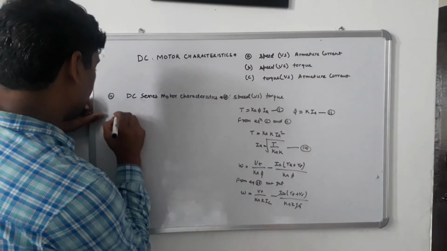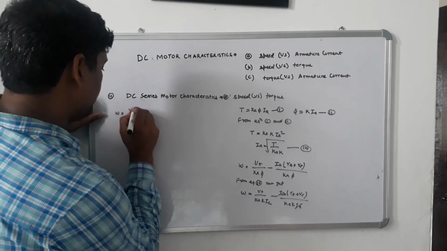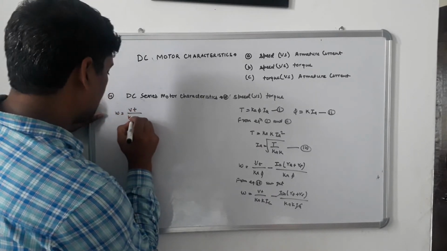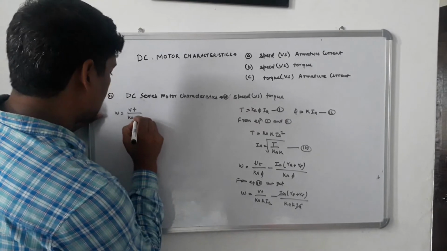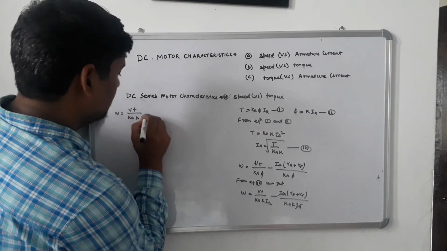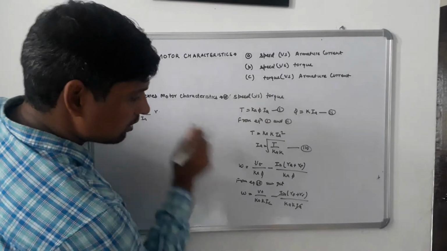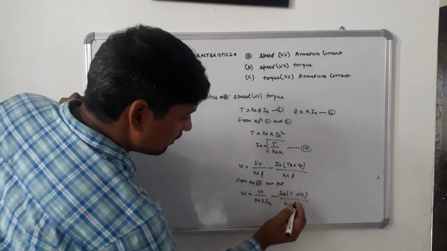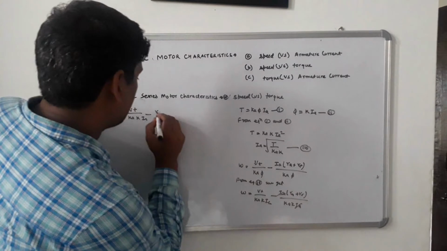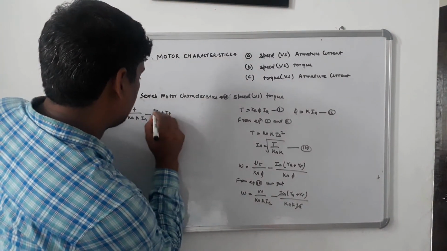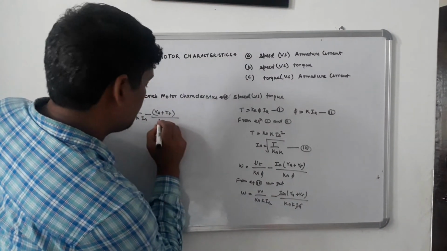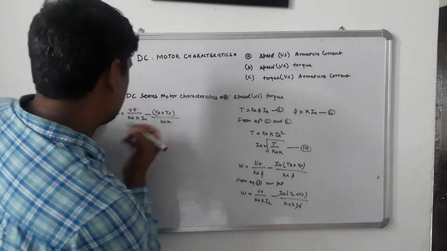so our equation will be omega is equal to Vt divided by Ka Ia minus (Ra plus Rf) divided by Ka.